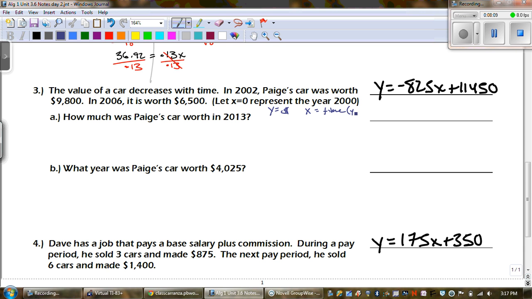In this specific case, it's the years. 2013 is the same thing as 13. And we're looking for how much. That's your y. This is your x. Go ahead and pause the video and see if you can plug in using the equation to solve it. Good luck.